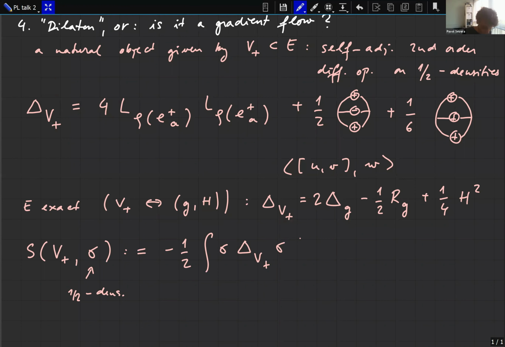So this is what is called the string effective action, or low energy string effective action, or a supergravity action.